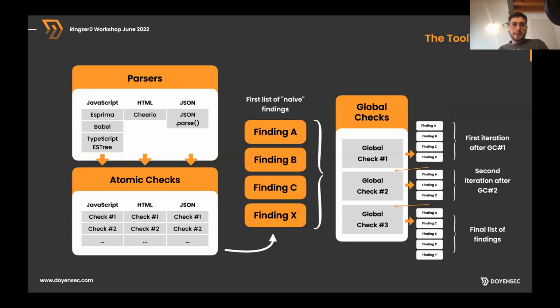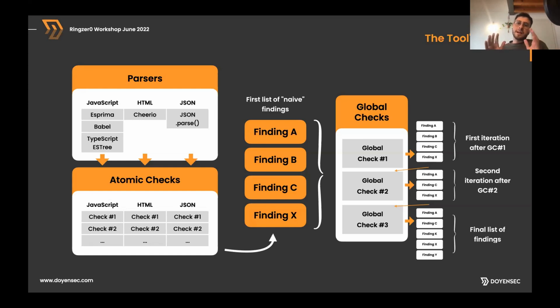As you can see here, there are 2 different kinds of checks. There are non-atomic checks, which are executed after the first round of standard atomic checks. They work on the array of issues generated by the first batch of checks to determine more vulnerabilities or to discard false positives.